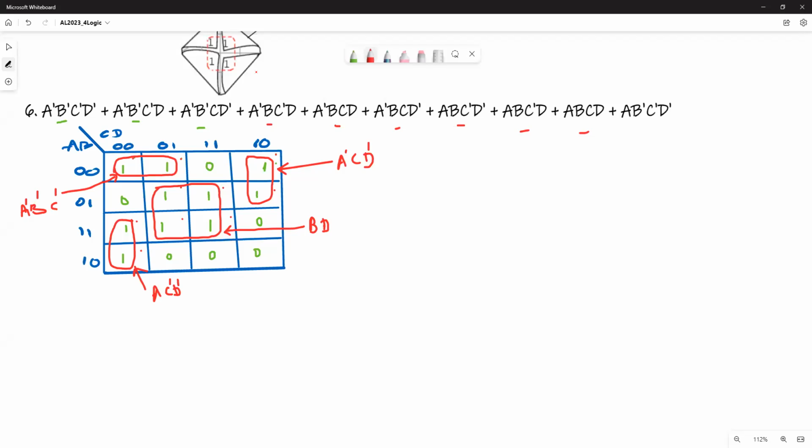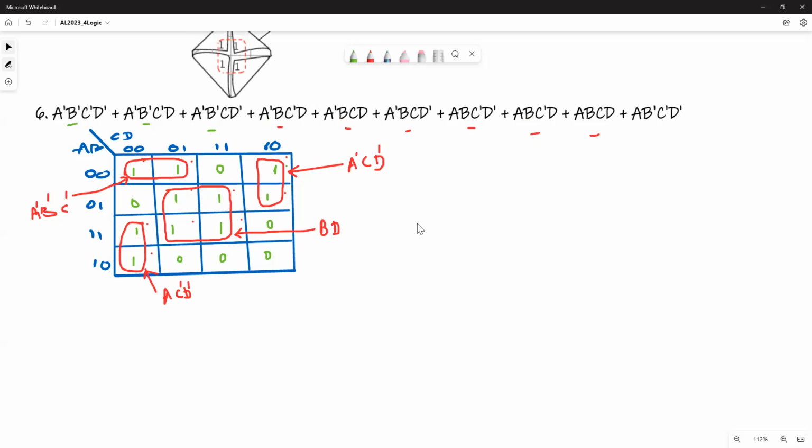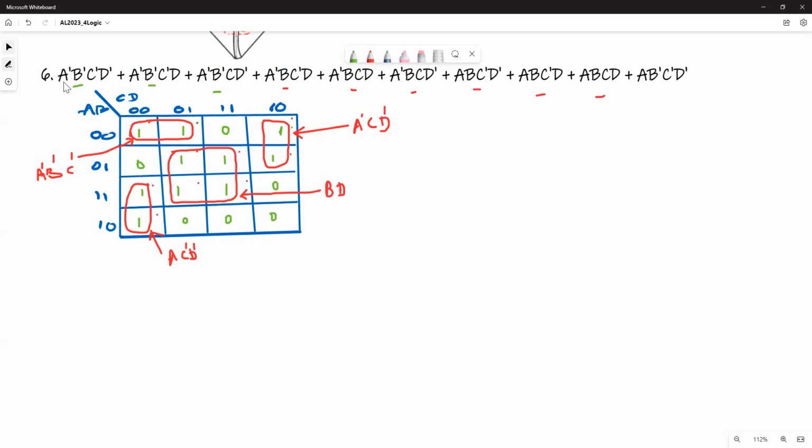So let's try to get the answer with the Boolean laws. So I'm going to use a trick here. The trick is I'm going to use whatever we have here, because we already have the answer in the Karnaugh map. So I'm going to use the answer we got from the Karnaugh map to simplify this.